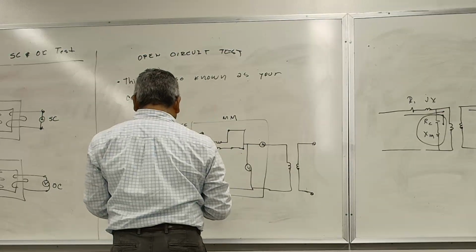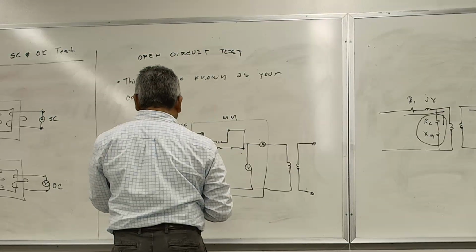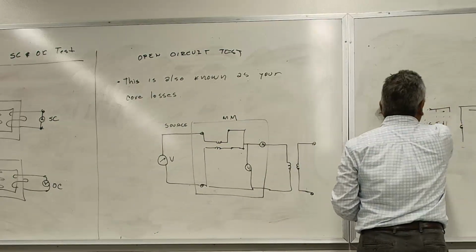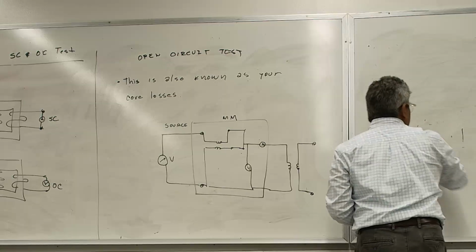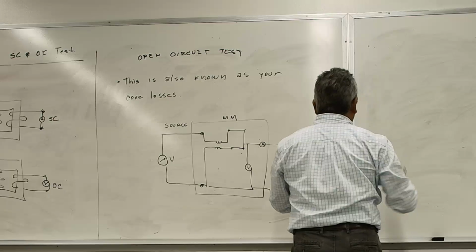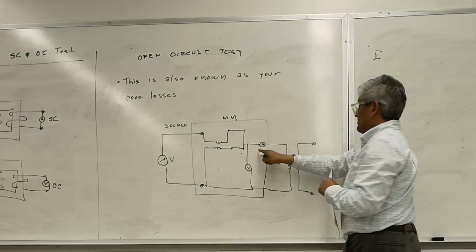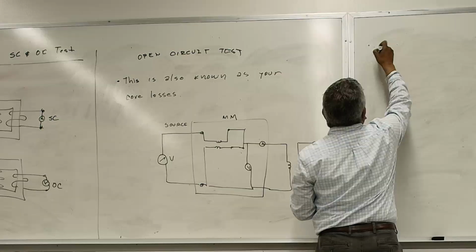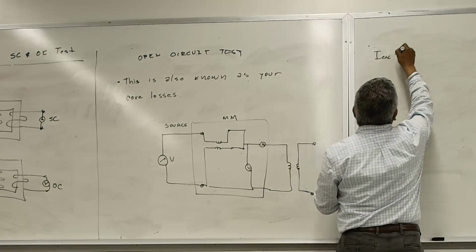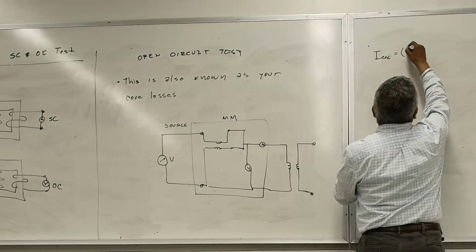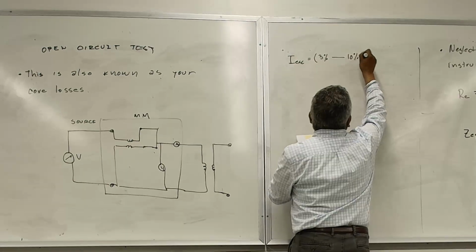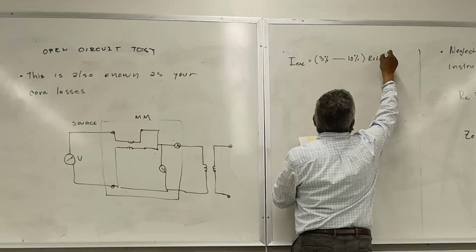So, on this one, as I perform the test, I have these measurements that I need to take. I'm gonna call the I that I'm measuring IEXC or excitation. And the excitation current should be between 3% to 10% of the rated current.